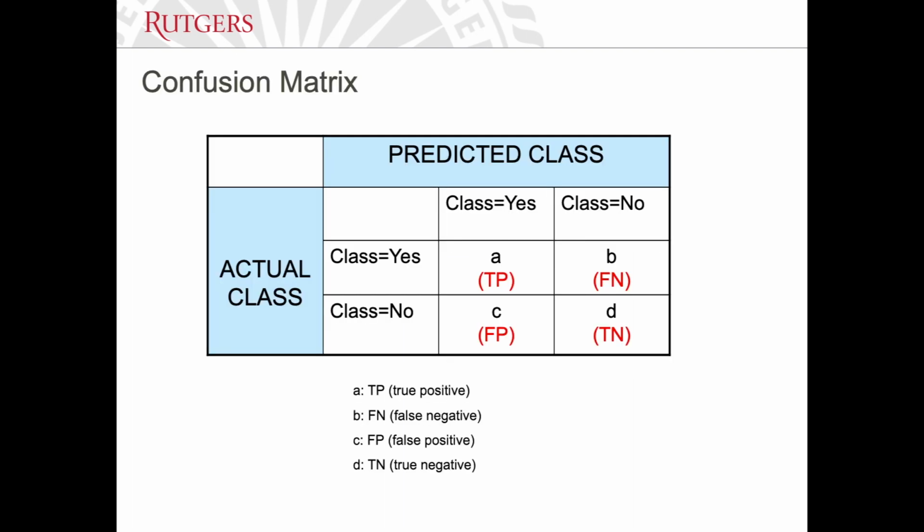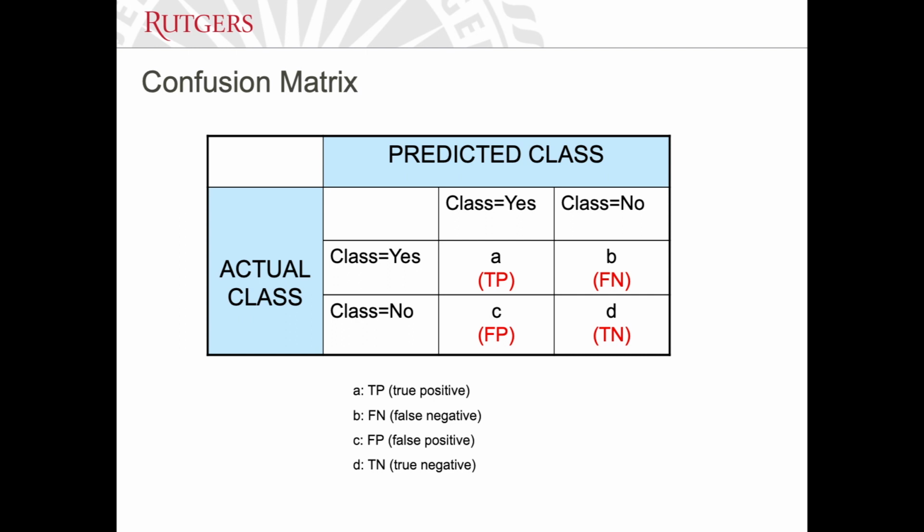The most commonly used measure is the confusion matrix. A confusion matrix summarizes the number of instances predicted correctly or incorrectly by a classification model. A few concepts are illustrated here. True positive, which corresponds to the number of positive examples correctly predicted by the classification model.